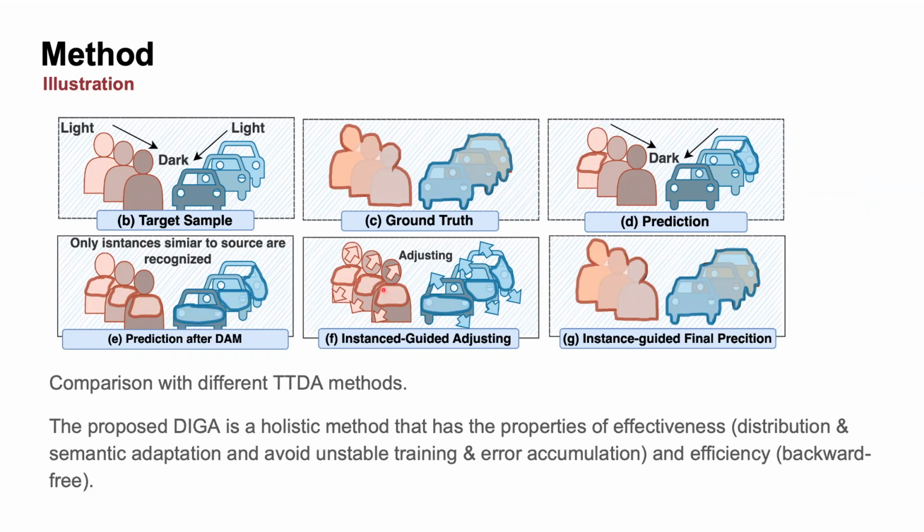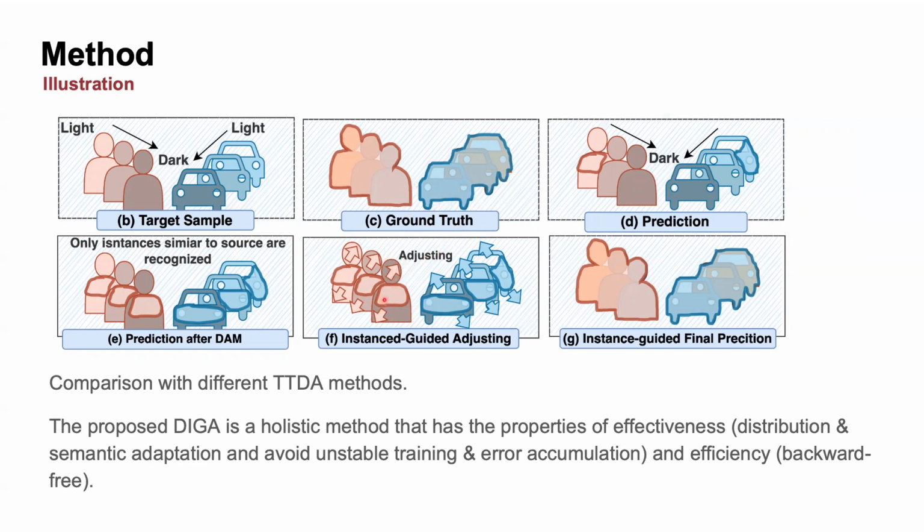But the problem is that only part of the human or cars is recognized. Then we can use the prototype-based method, which means that we can use some high-confidence areas to build the prototype. Although the rest cannot be recognized by the model, they may share some similarity with the high-confidence areas because they are from the same instance.